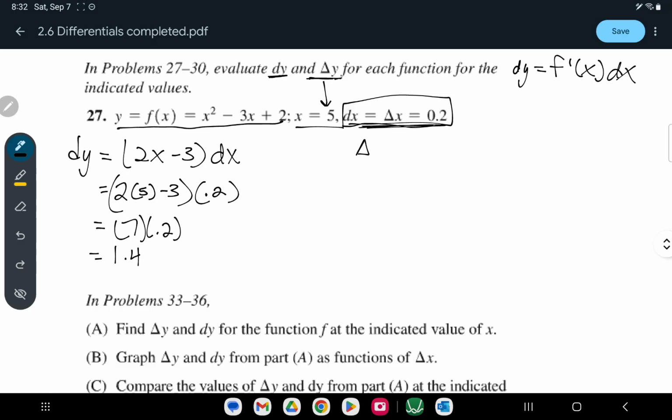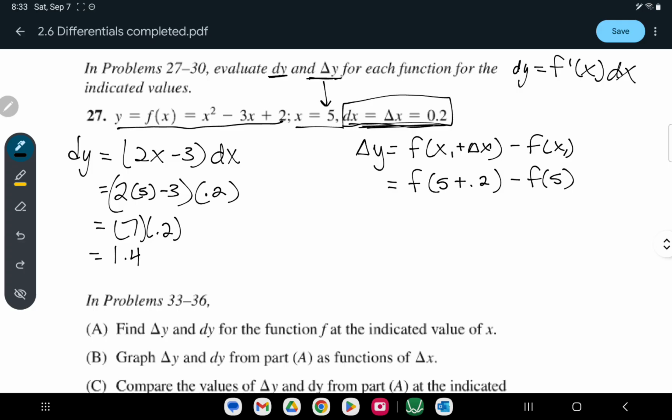Let's find the actual change in y. So the actual change in y, remember from way back on the very first page, change in y is f of x1 plus my change in x minus f of x1. So my actual change in y is 5 plus my change, so 0.2, minus f of 5.